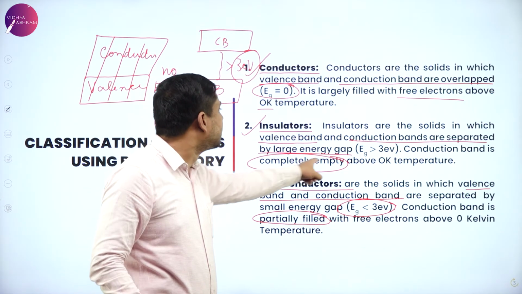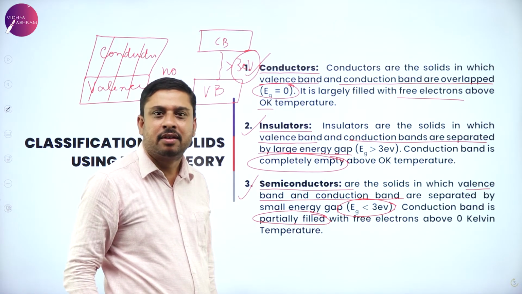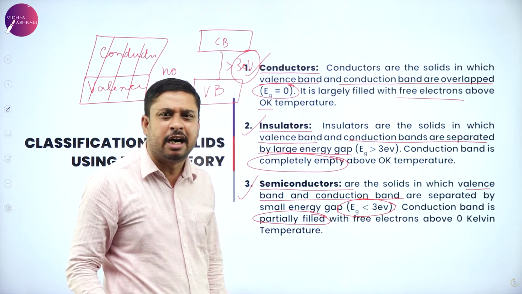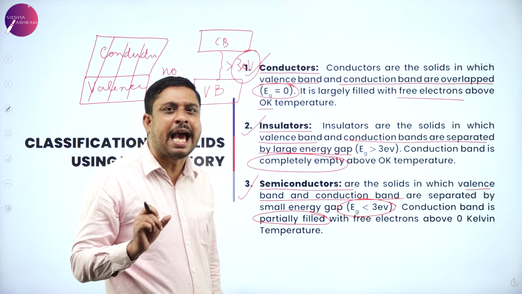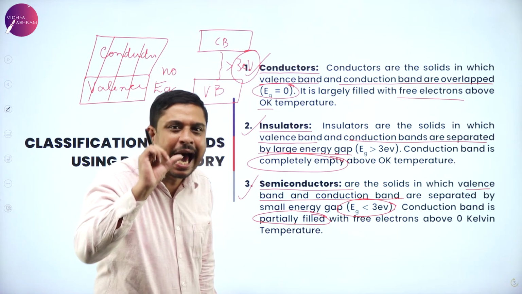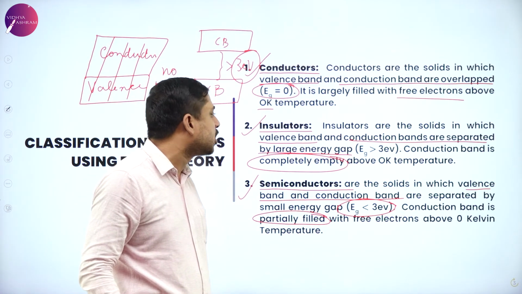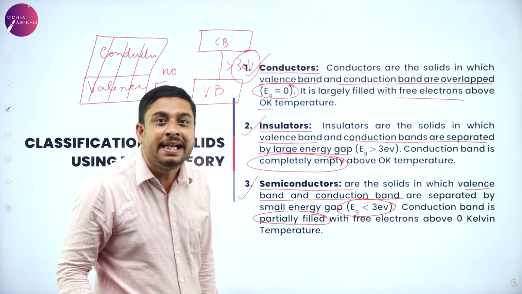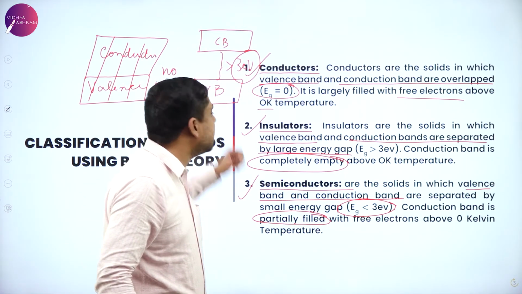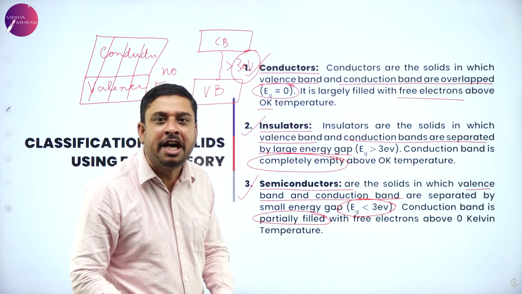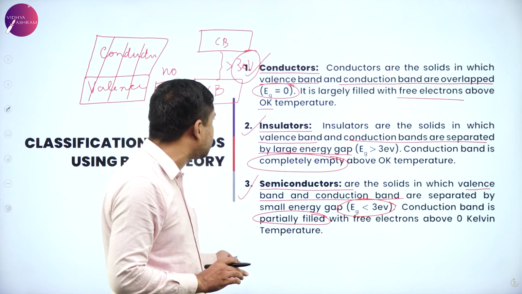Conduction band is completely empty. Semiconductor: a small energy gap. The energy gap is less than 3 electron volts. Conduction band is partially filled with electrons.